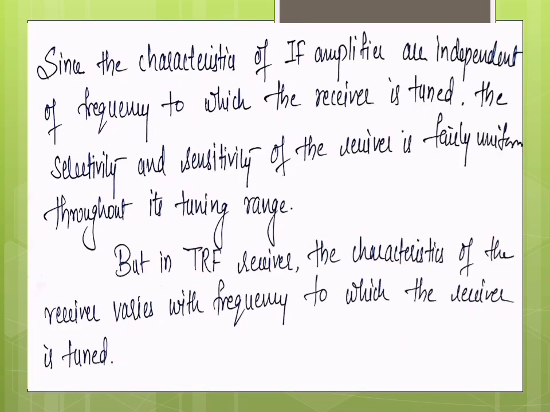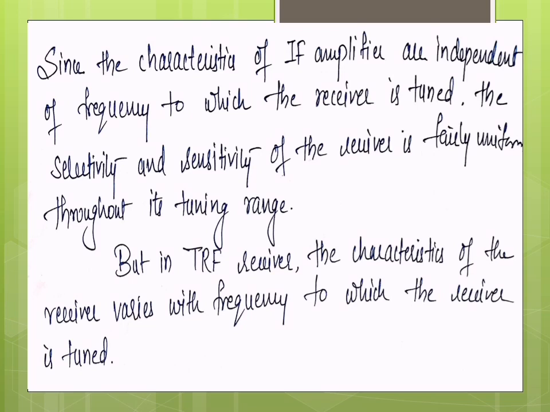Next, since the characteristics of the IF amplifier are independent of the frequency to which the receiver is tuned, the selectivity and sensitivity of the receiver are fairly uniform throughout its tuning range. As we know, in our superheterodyne receiver we have an IF amplifier that is independent of frequency, because the frequency is always fixed at about 455 kHz. It is not changing, right?